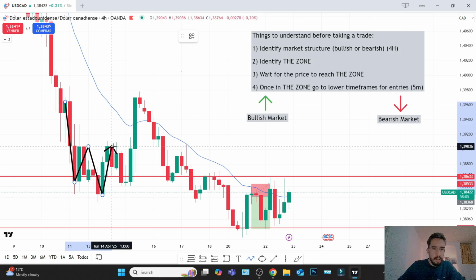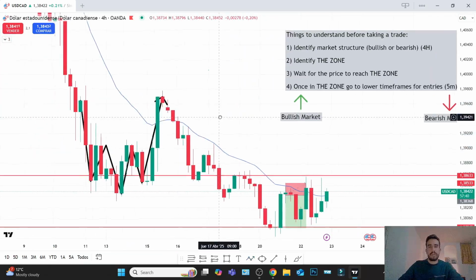It touched this point, but it hasn't gone over or above the last higher low, so it's okay. The market structure is still the same. It goes down, but it is not creating a lower low. This should be around here, but it's not doing it. Instead of that, it's breaking the market.